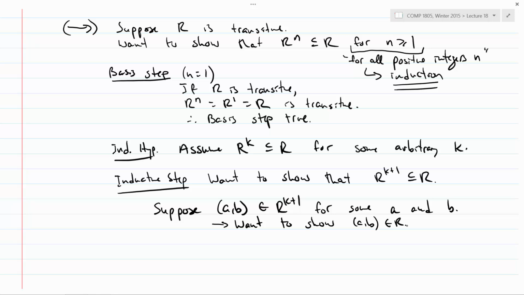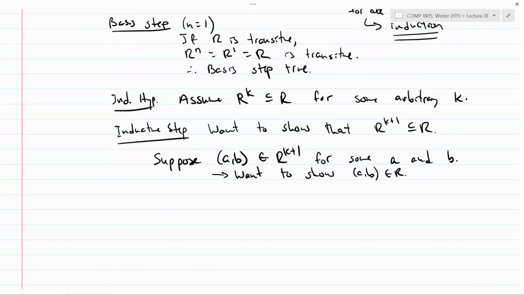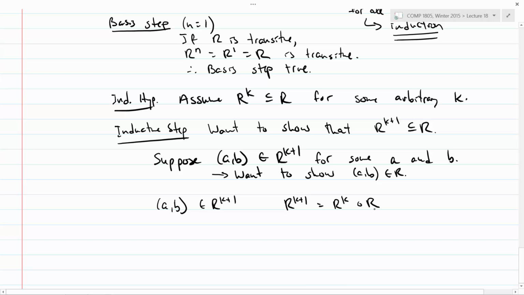Let's think about what it means for AB to be in R to the k plus 1. So we know that AB is in R to the k plus 1, and we know that R to the k plus 1 is R to the k follows R. Right? That's the definition of what that means. So let's zoom in on that second thing for a second.